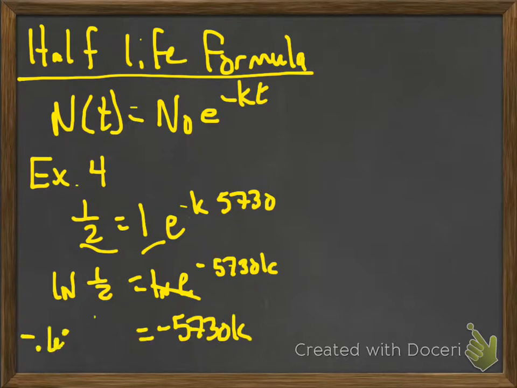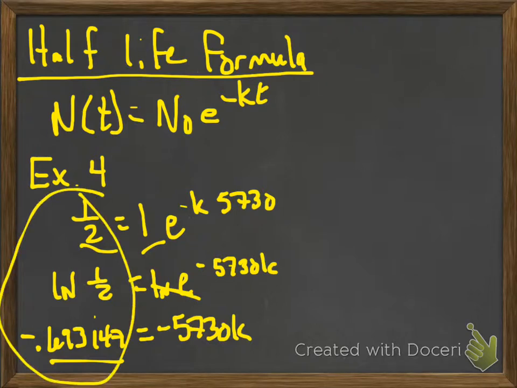The natural log of 1/2 is negative 0.6934. In reality, this will always be true. These first steps should always be right there. The only thing that might be different is whatever number is your half-life. If you take this number and divide it by the half-life, you should always get your k. So keep that in mind.